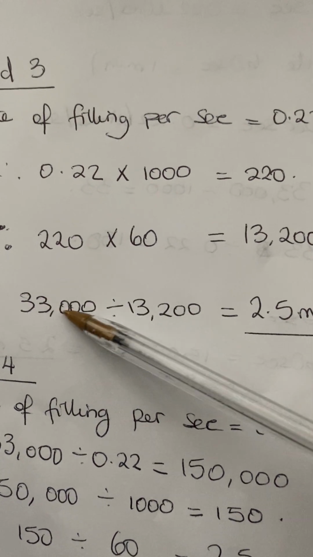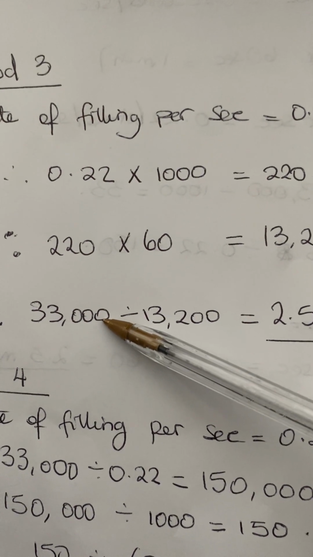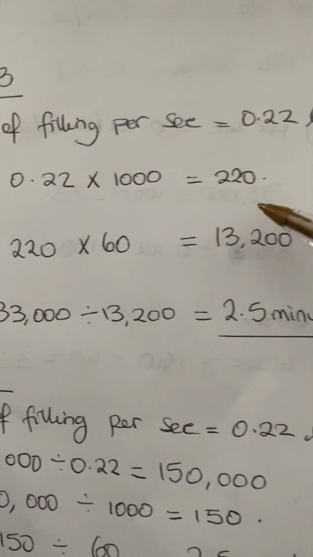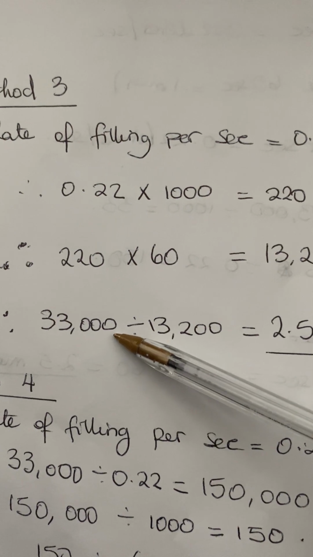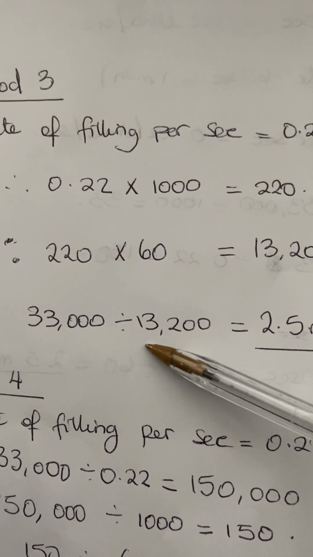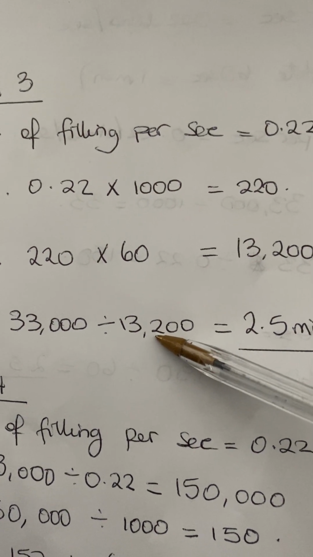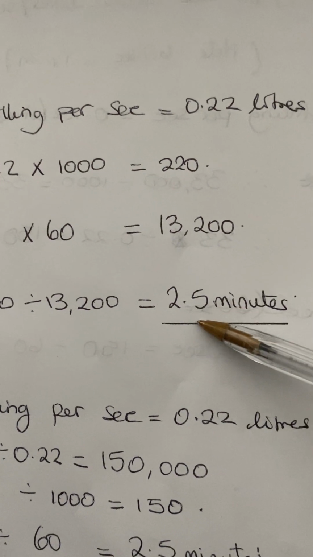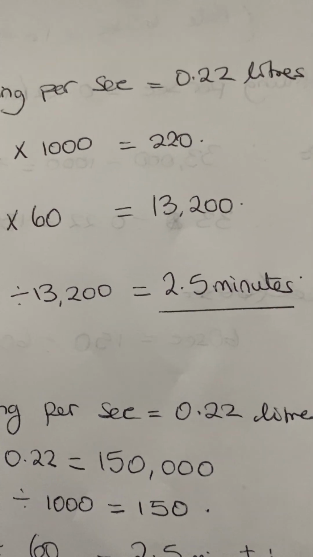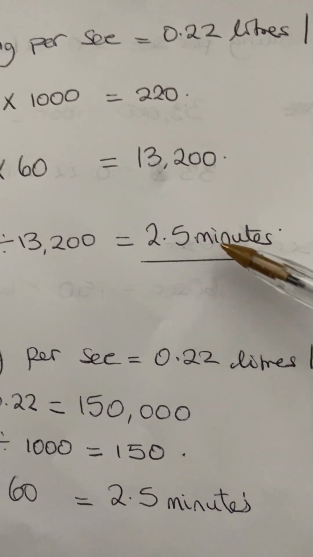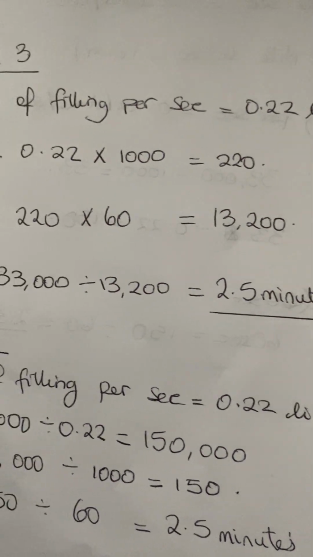Now I need to fill 33,000 for the volume. So with this per minute, I divide 33,000 by 13,200, and I have 2.5 minutes. That will be your third method, another way of looking at the question.